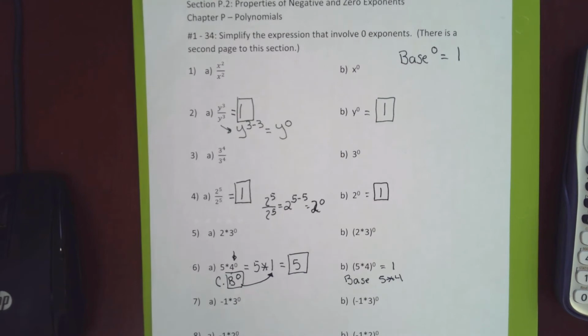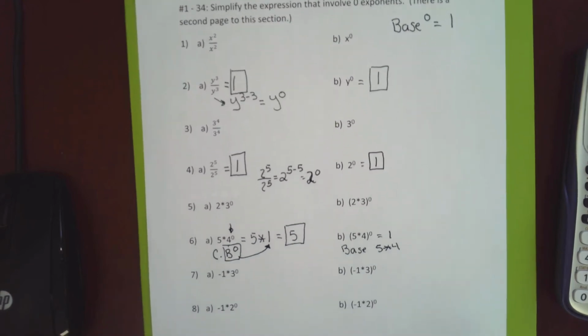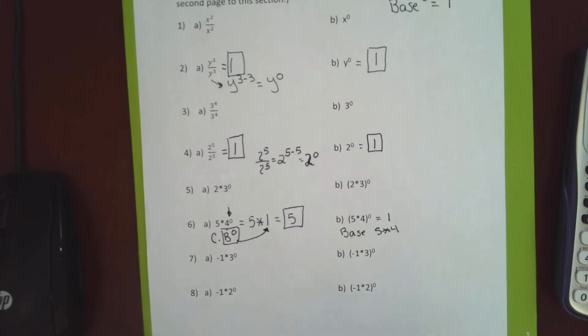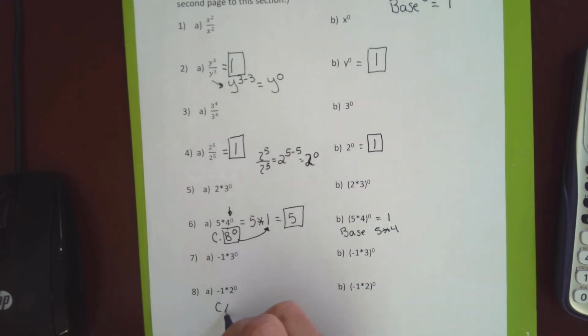The tricks to this happen when you have coefficients, really. That's kind of the big deal. Coefficients that are written are coefficients that are assumed but not written. If I look at problem 8, I have a coefficient times a base to the 0 power. The coefficient is -1, the base is 2 to the 0 power.